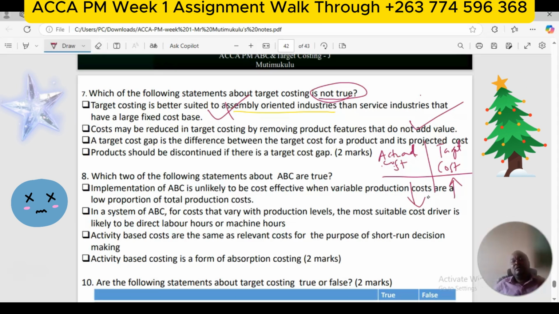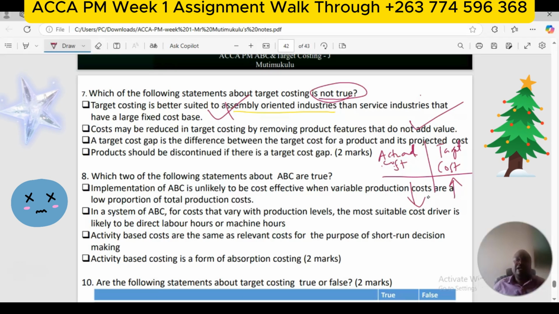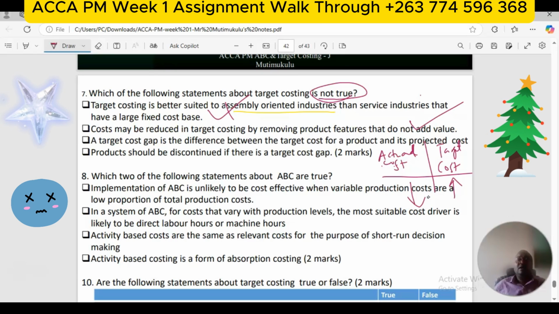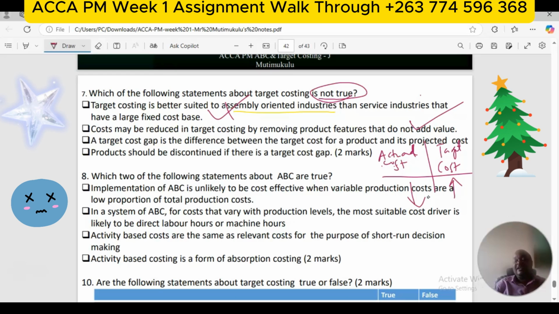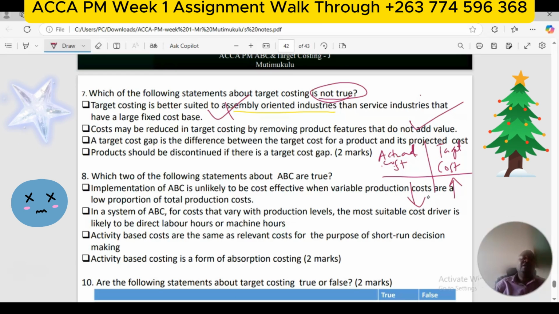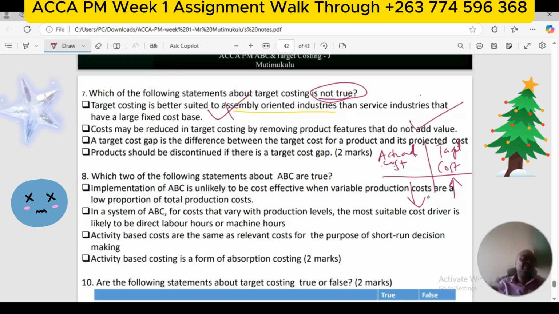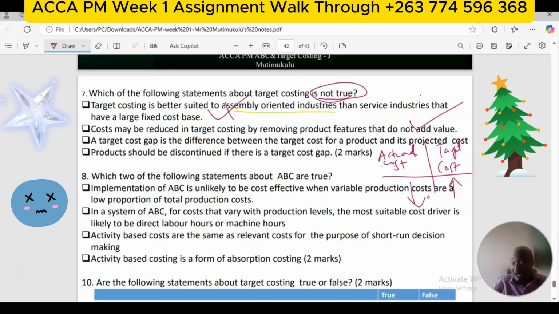The statement is saying costs may be reduced in target costing by removing product features that do not add value. Okay, what we are simply saying is that sometimes the target cost is higher, so managers look at those costs which actually do not add value to the products, so selling power.